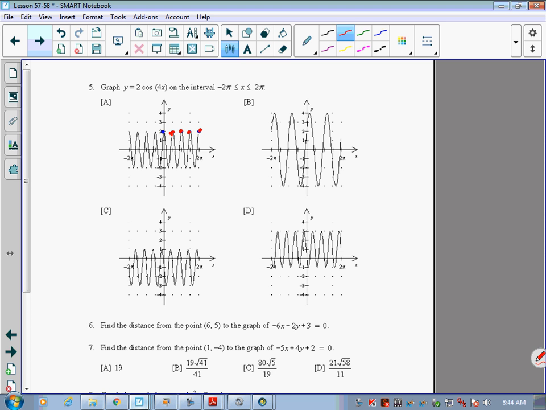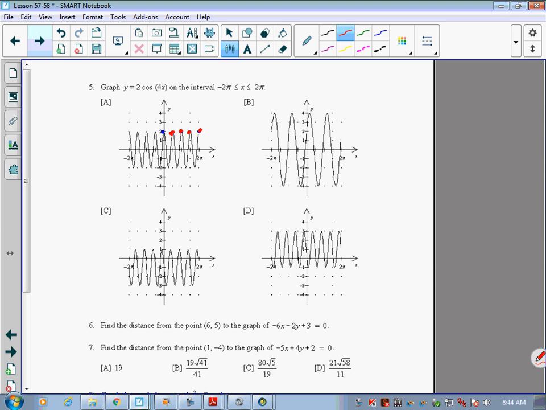If you look at B, you'll see that it's been shifted, right? It's not necessarily a cosine function. Neither is C, really kind of neither is D. The only cosine function you see up there is A. In addition to that, B has an amplitude of 4, so they're using the wrong 4, right?